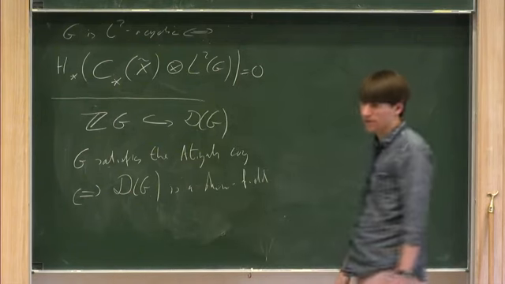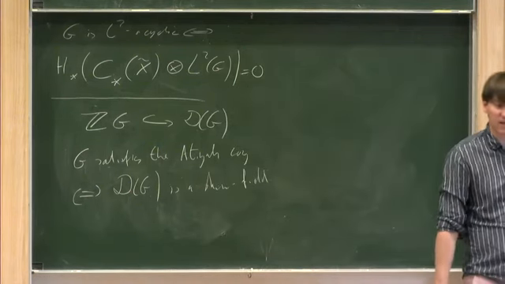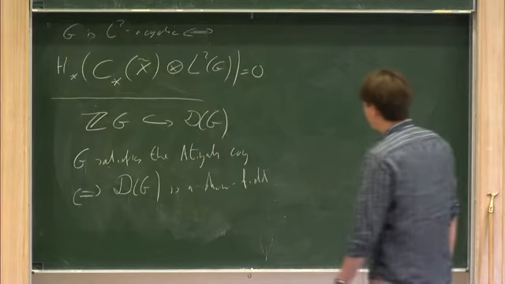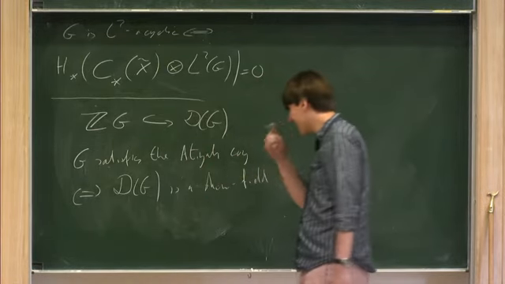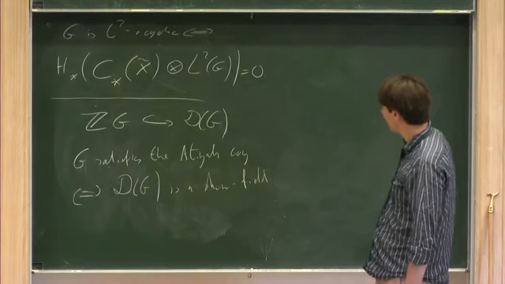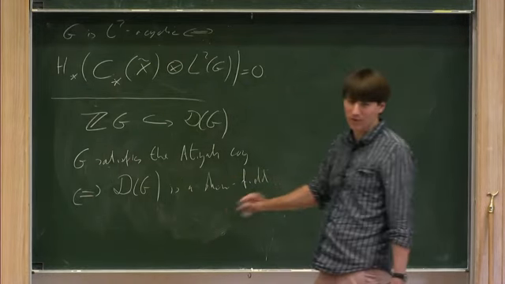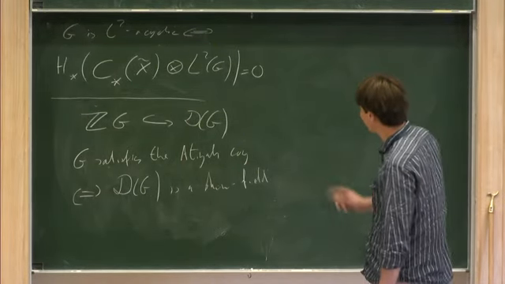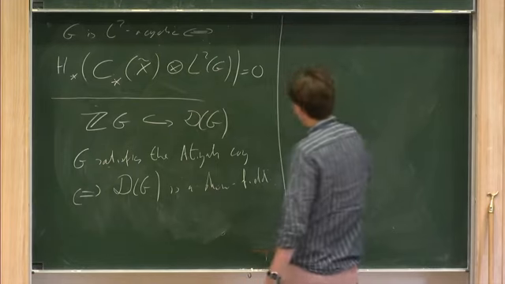I should mention it's actually an open problem: you take a torsion-free group, can you embed its group ring into a skew field? For groups which satisfy the Atiyah conjecture, this is the answer, and this mysterious object here is a skew field, and this is one of the important properties that we need. Actually, there are three important properties, I guess. So this is the first one. Now, what's the second one?